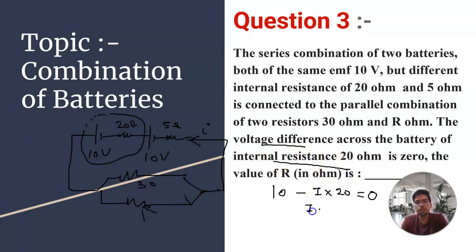So what is the value of current? It is 1 by 2, half an ampere.